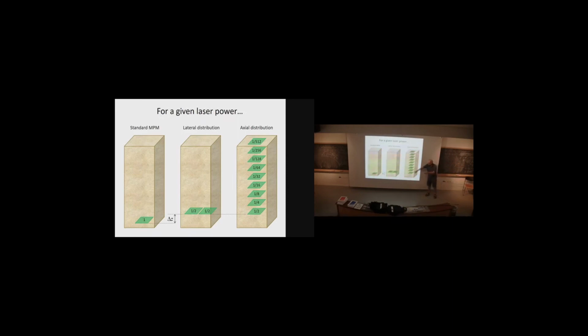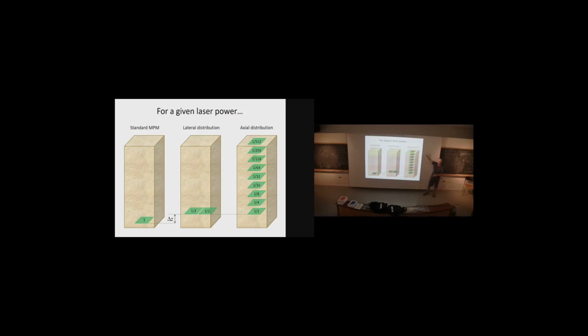But here, with the same amount of power, if I stack them vertically rather than transversely, here I can only get 2 planes, while here I get many planes. I can get 10 planes, 20 planes, depending on how deep I go. Why? Because it's still the same amount of power. If I add all these numbers up, it's still 1, and yet I still get the same amount of fluorescence from all planes.